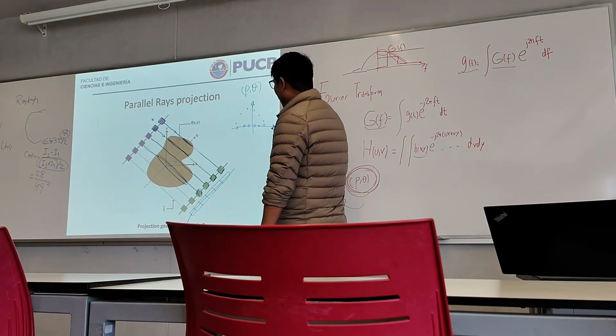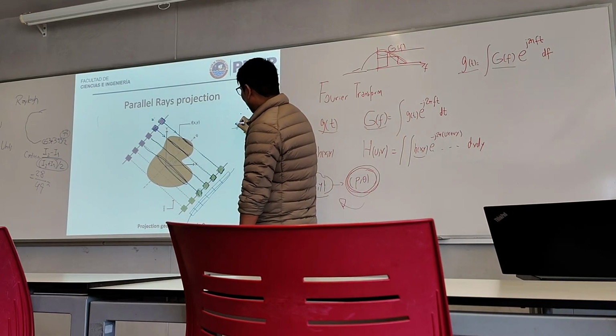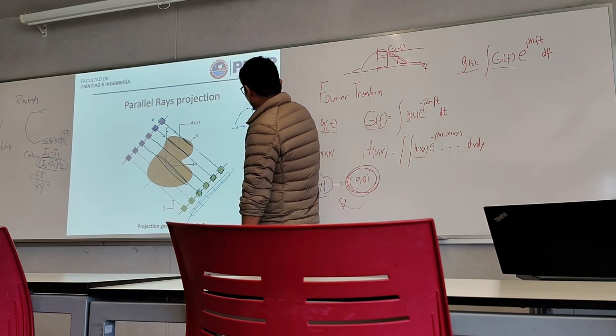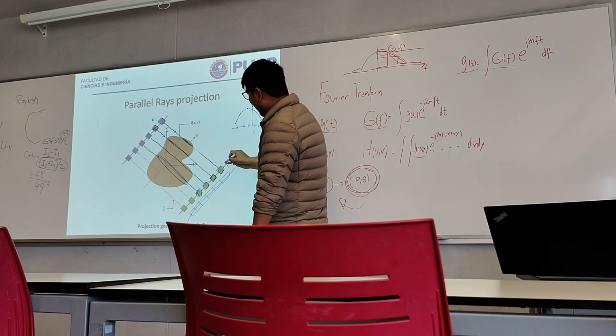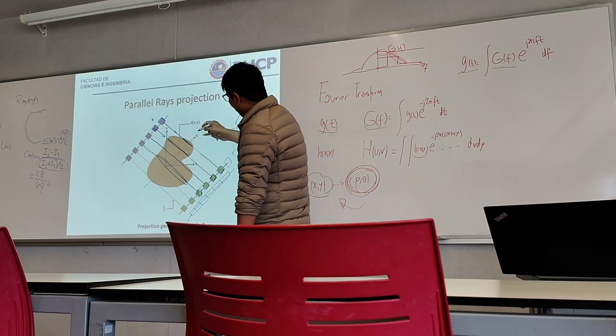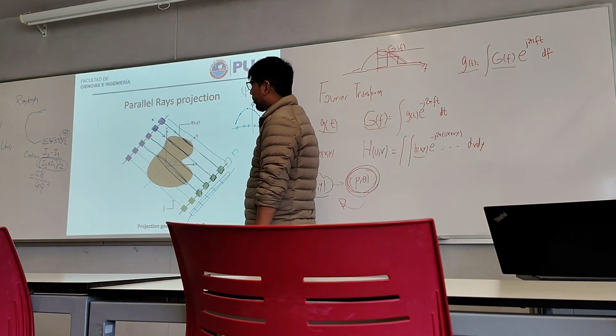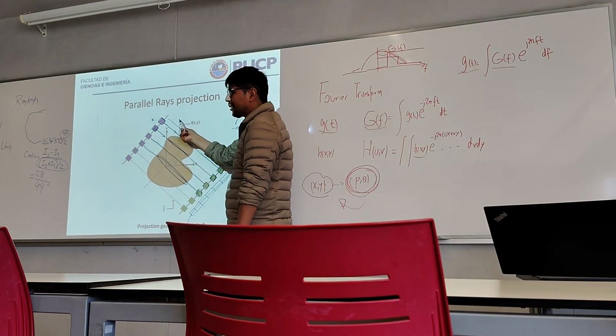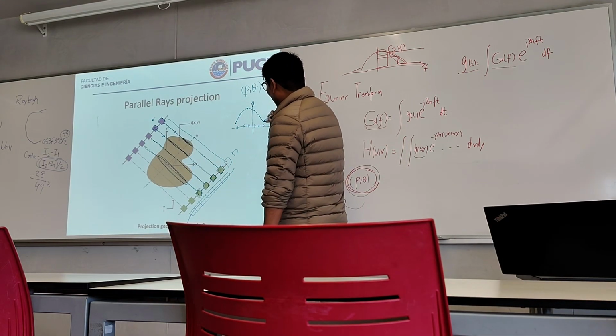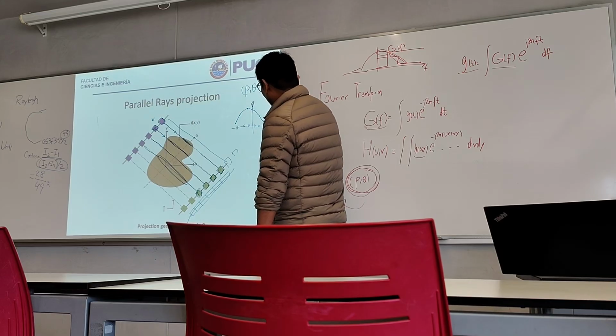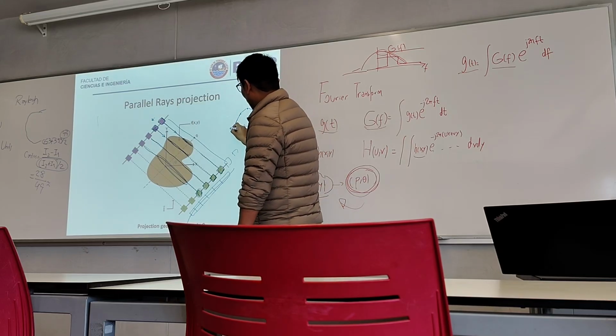So you can create a signal that has this form. And maybe outside, if we continue the detector here, the ray will not cross the object. So it's like there is no attenuation in that part. So if we continue this, it just means that the rest is zero.